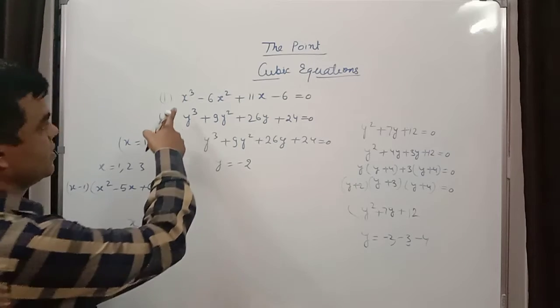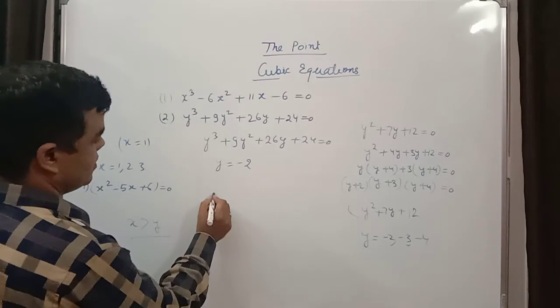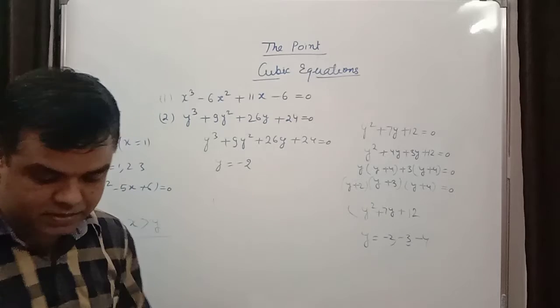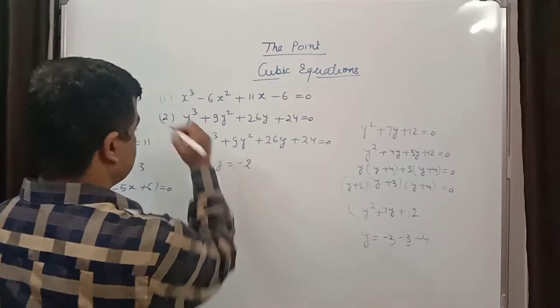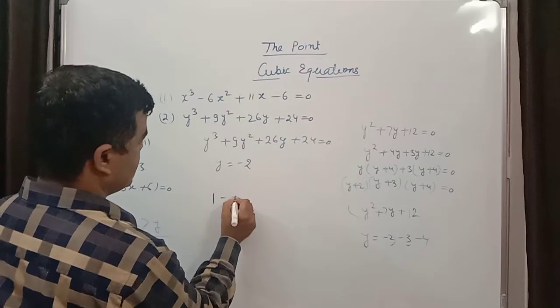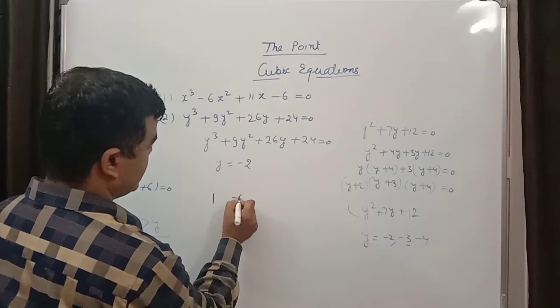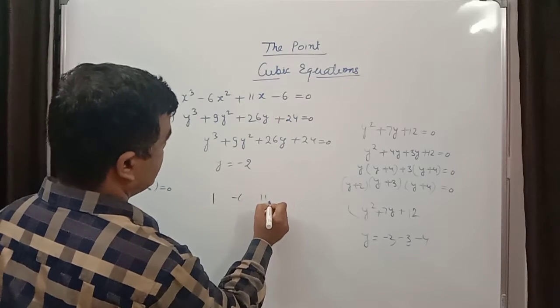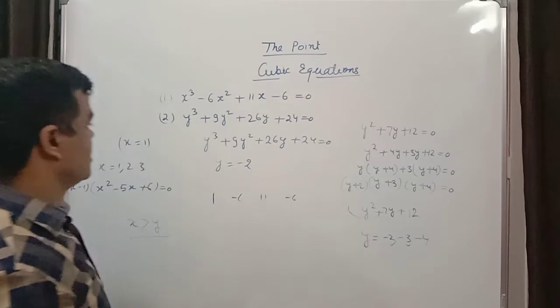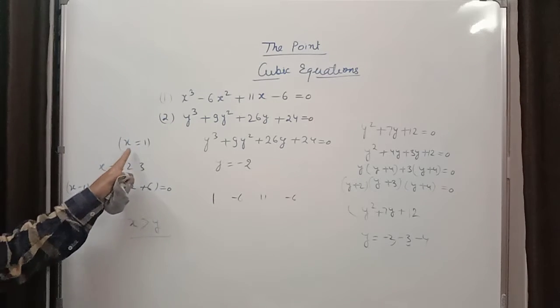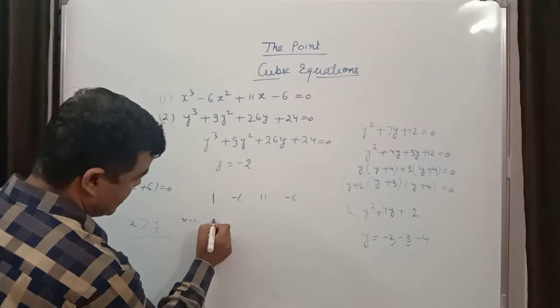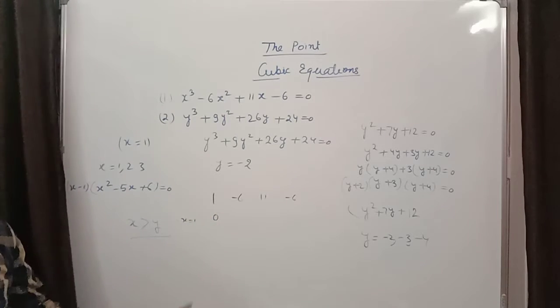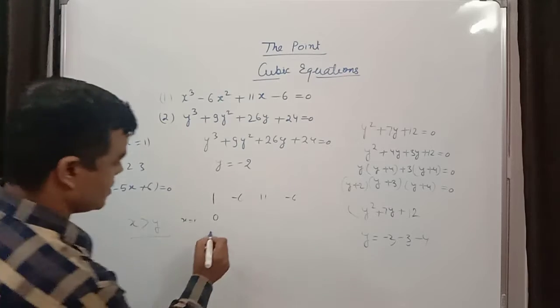Only write the coefficients. The coefficients are 1, minus 6, 11, and minus 6. The equation is satisfied by x is equal to 1. So write here x is equal to 1, and write 0 below. This is the rule, you have to write 0 in every equation.